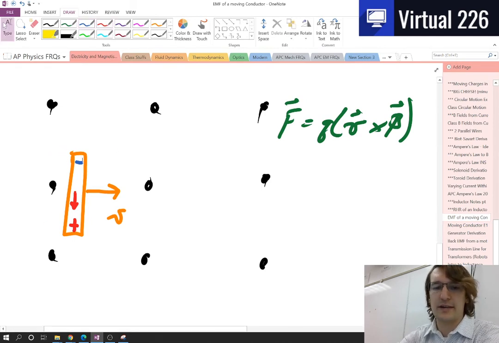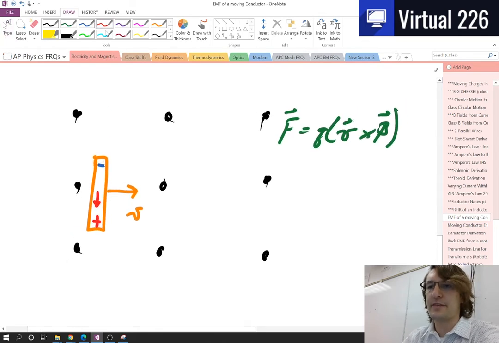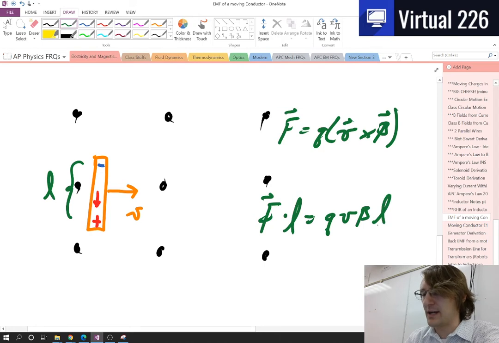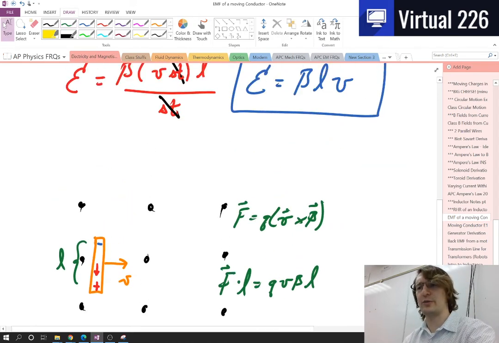So if this force is acting over this distance L, some length of this conductor that's going down, a force multiplied by a length is going to equal QVB multiplied by L. Wait a second, this is really close to what we've already just seen.